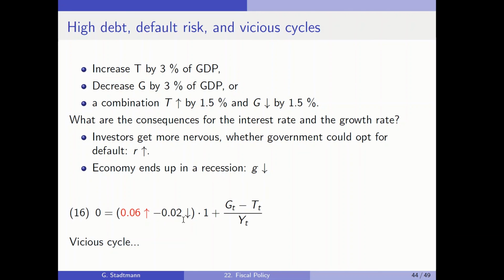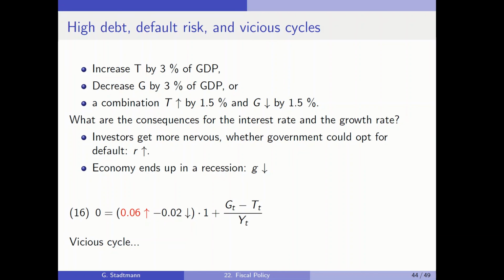So we have a vicious cycle of increasing real interest rates and decreasing growth rates, and then the government has to cut back even more. And this vicious cycle is, of course, a high risk to the economy we are looking at.